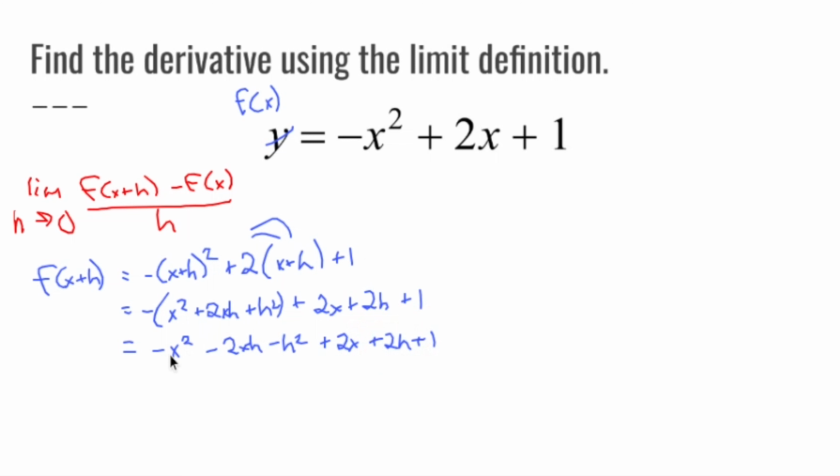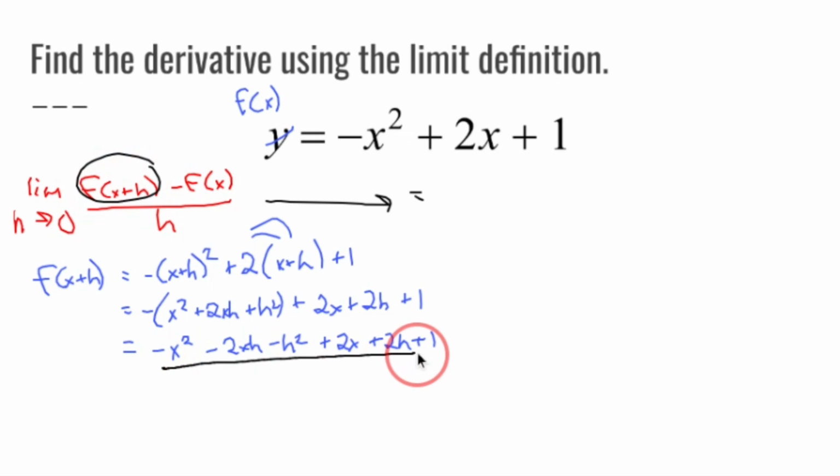Now, you might be thinking, oh, please let one of these guys cancel out. It won't, but don't you worry. Something eventually will cancel out. Now over here, I'm going to rewrite this. I already know what f of x plus h is.